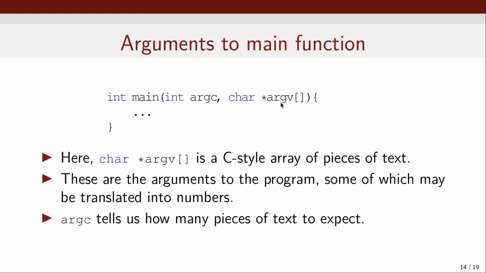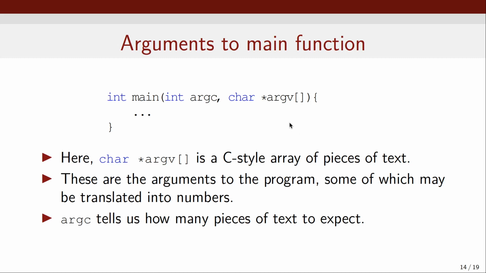And here argv stands for argument vector. That is an array of character pointers listing all the arguments. If argc is greater than 0, the array elements of argv[0] up to argv[argc - 1] will contain pointers to strings.